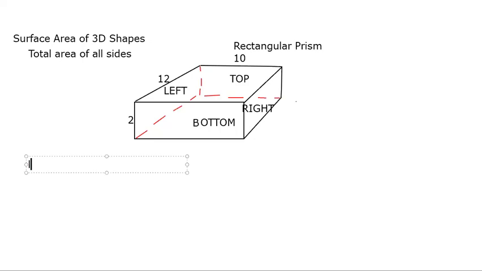So the left side area equals base times height. 12 times 2, which equals 24. And it's square units. Let's just say this is all inches, so we'll say 24 inches squared.